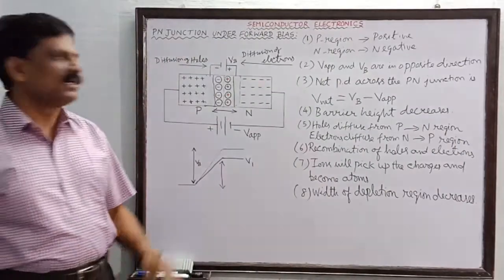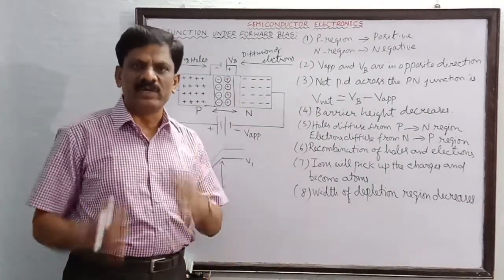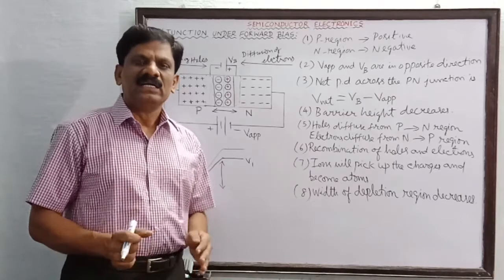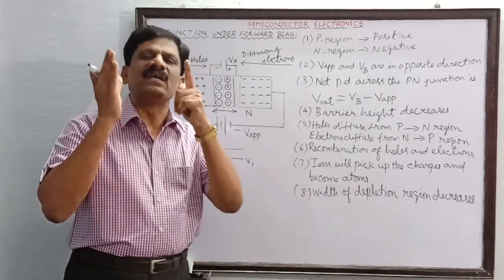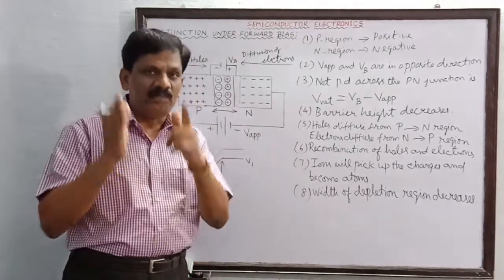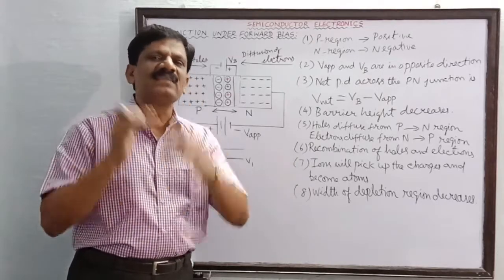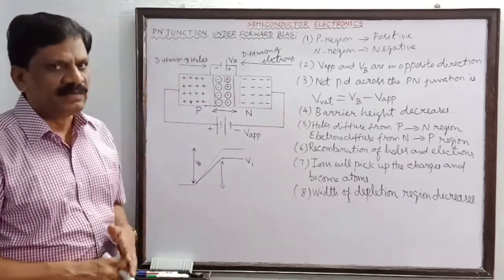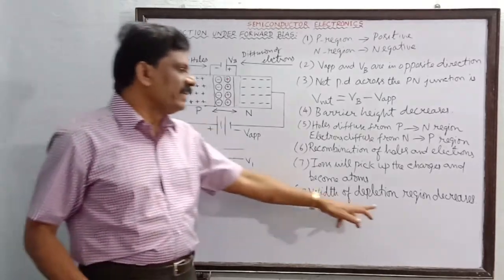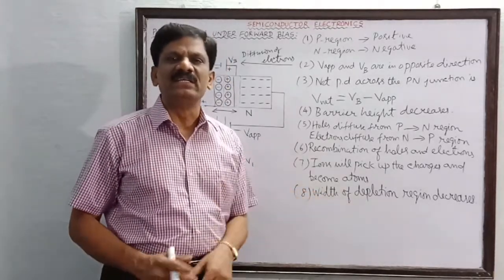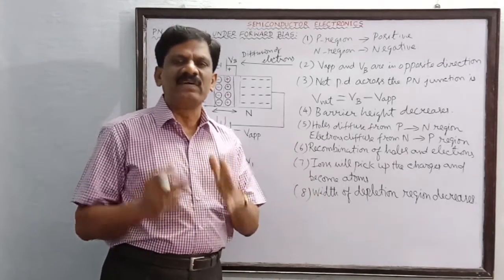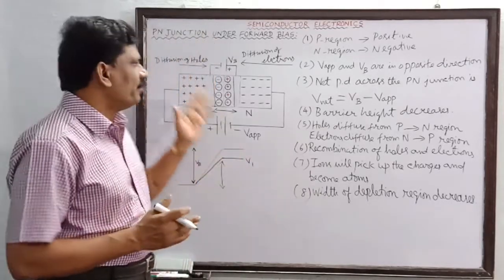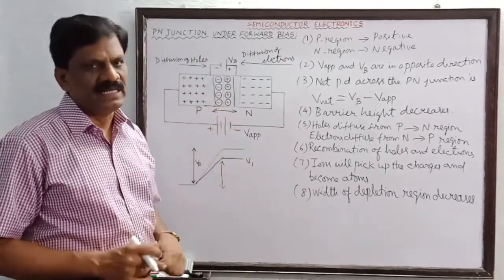Now, already in the formation of the PN junction diode, we have studied that the width of the depletion region acts like a wall or boundary, or acts as a resistance to the flow of current. Is it not, students? So what will happen? As a result of the decrease in the width of the depletion region, the resistance offered by the diode or the PN junction decreases.